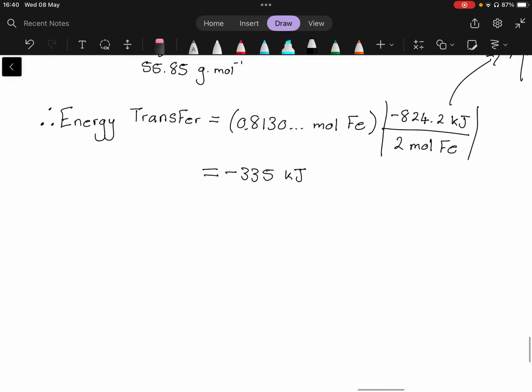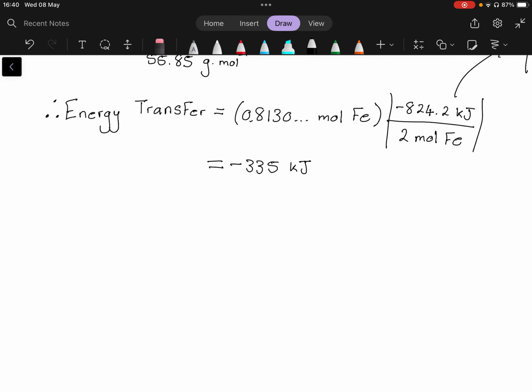The third method of relating those numbers is you say 2 mole of iron needs to relate to minus 824.2 kilojoule per mole reaction. Then it is 2 mole iron per mole reaction.